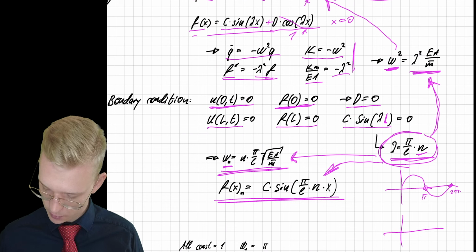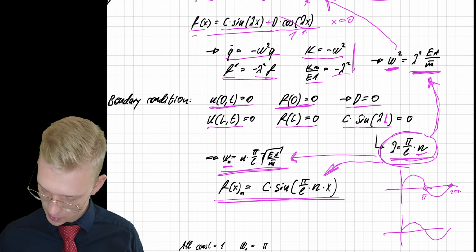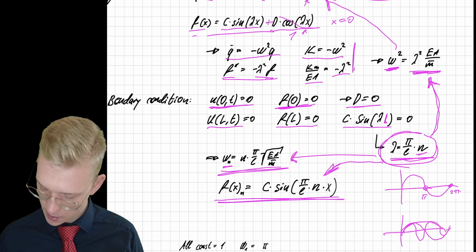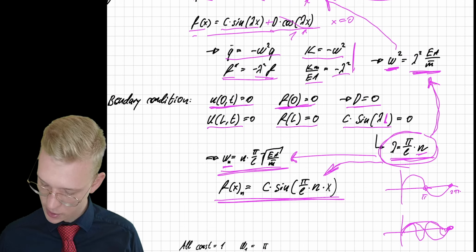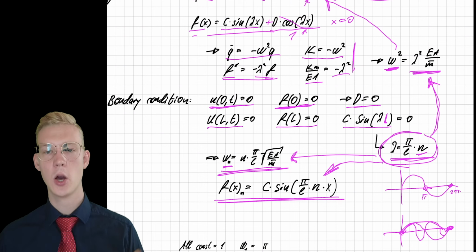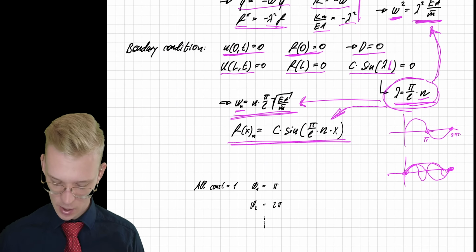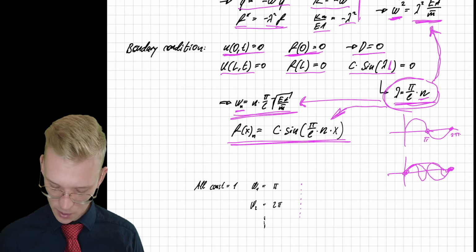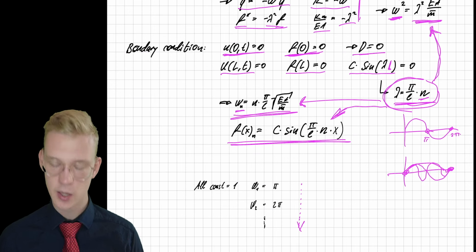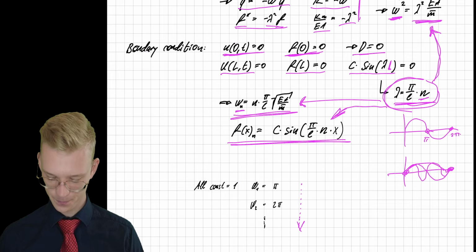So we have, for example, something like this, something like this, something like that. The most important part to understand is that at the beginning and at the end, we're always equal to 0, because these are our boundary conditions. So we have infinitely many eigenfrequencies that are just a factor of pi.